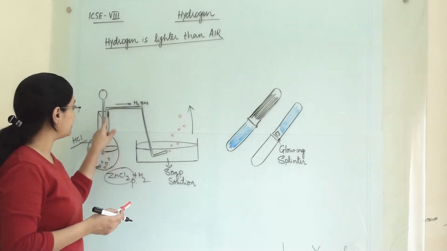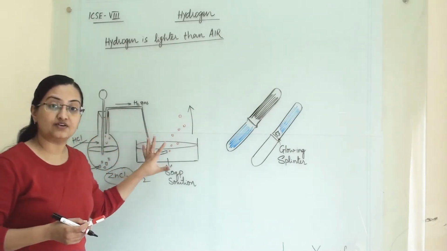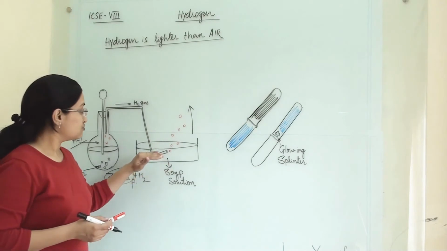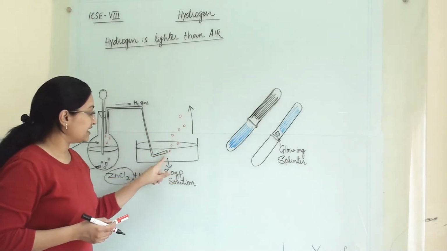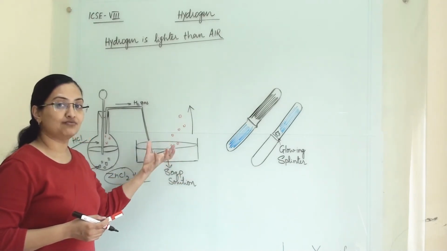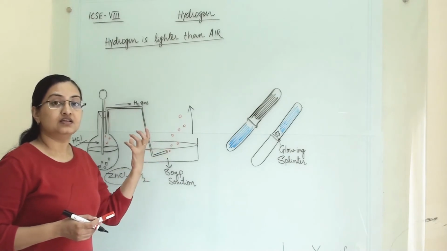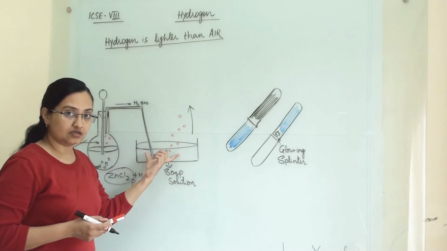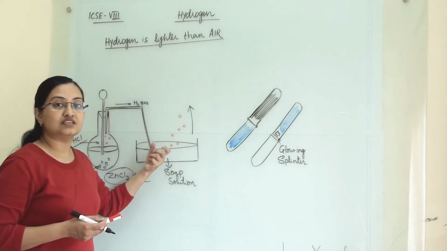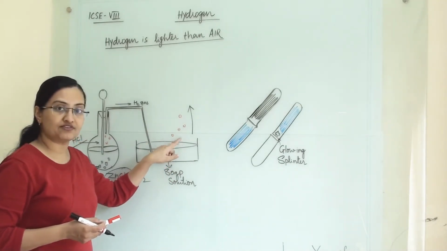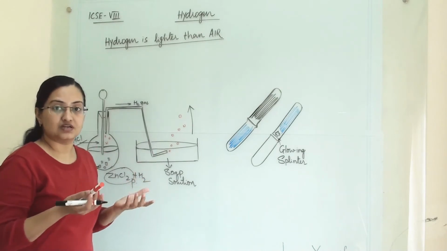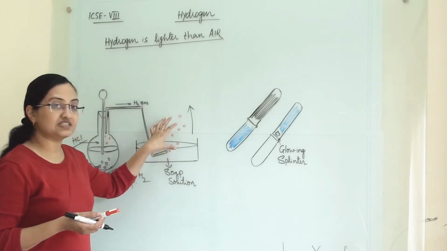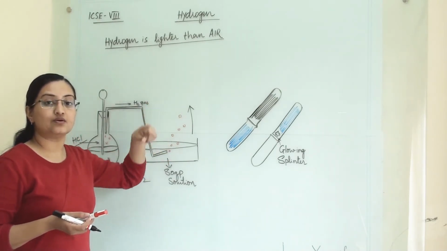So we know that from this gas pipe the hydrogen gas is coming out. So why have we taken soap solution here? So that the gas will form bubbles. If it were water, then you could only see the bubbles coming to the surface and bursting. You cannot see the bubbles coming out and going up.